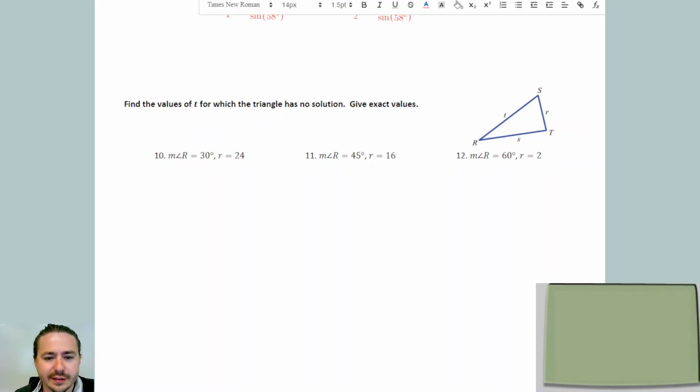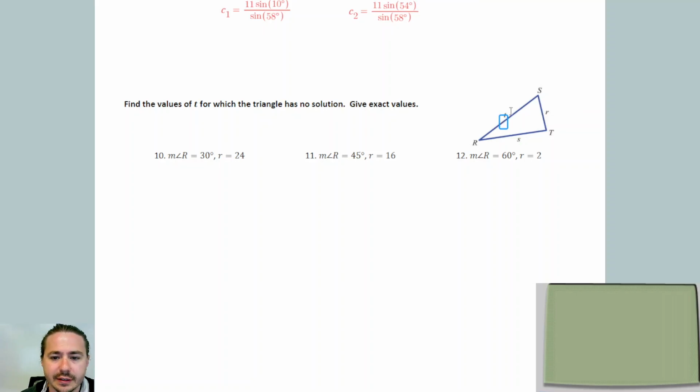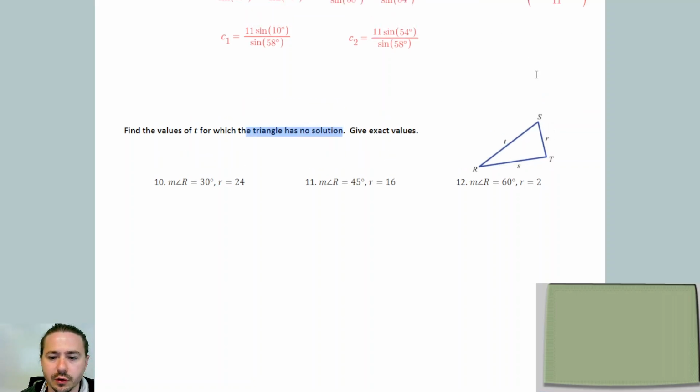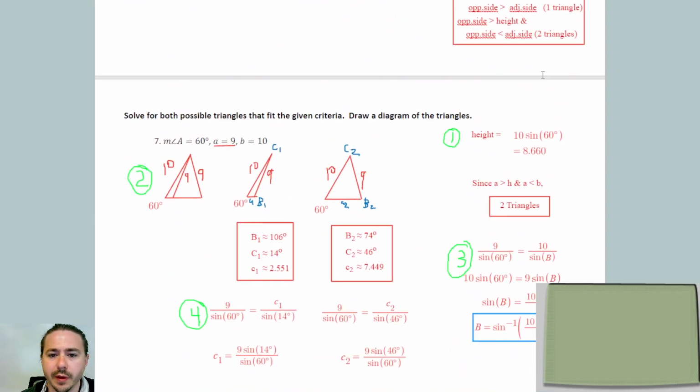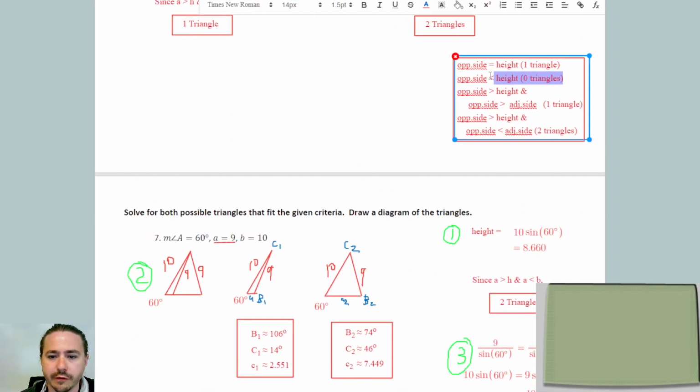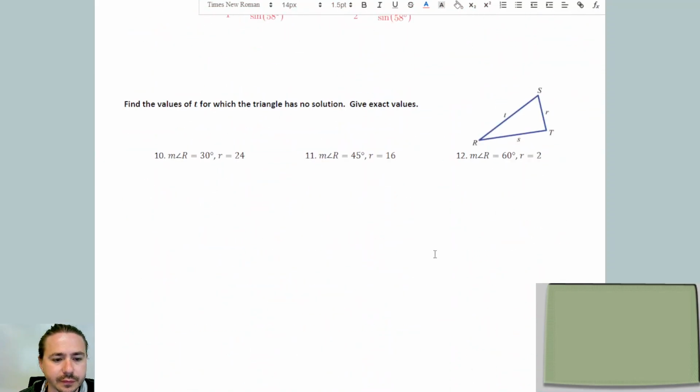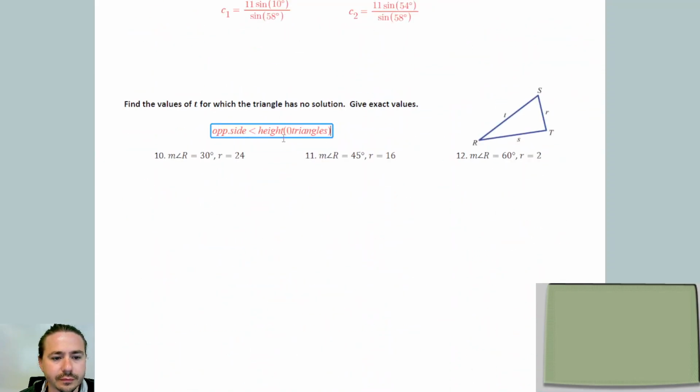Okay, so for this last section, we need to determine what the side length for t needs to be in order for the triangle to have no solution. If we go back to when we talked about the different cases, you're going to have no solution when the opposite side is less than the height. Let's just type that here.